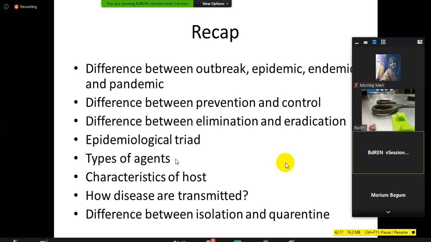There are other varieties of agents like nutrient agents, like excessive or insufficient vitamins. Then there are social agents like poverty and political disturbance, and physical agents like scratching and injuries. So these are four categories of agents. We also discussed the definition of agent.